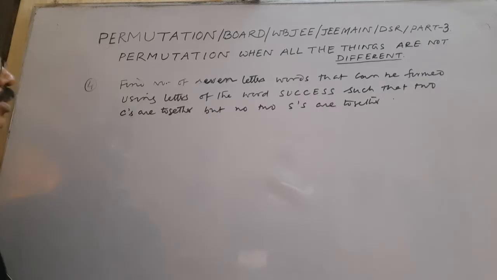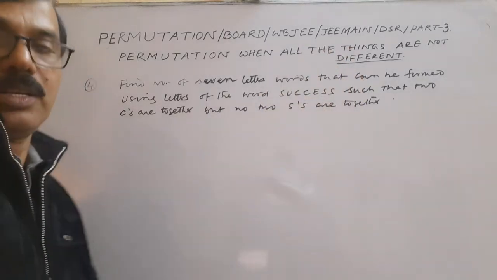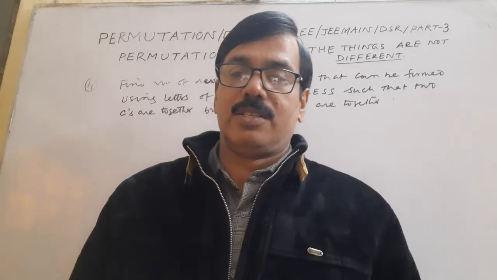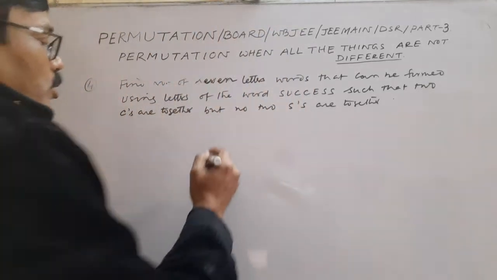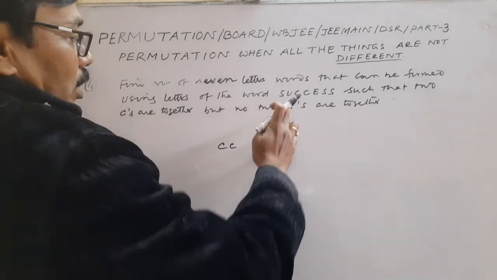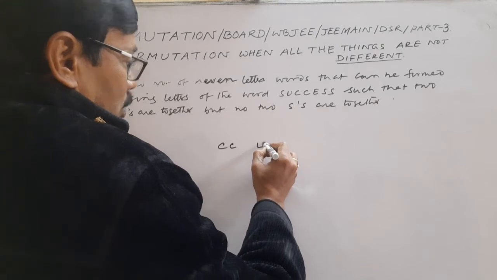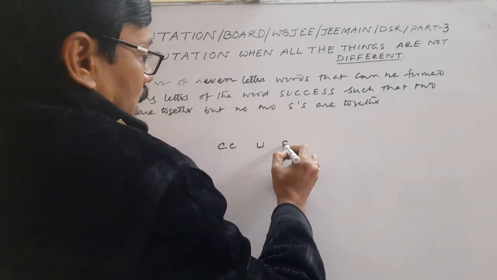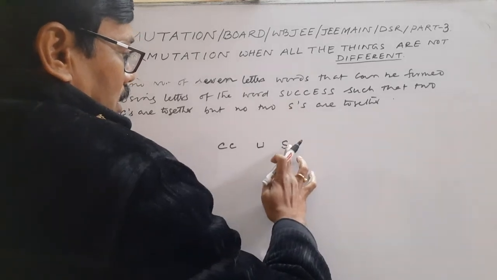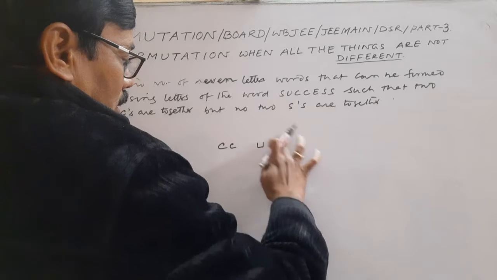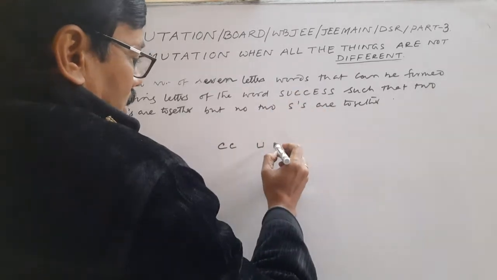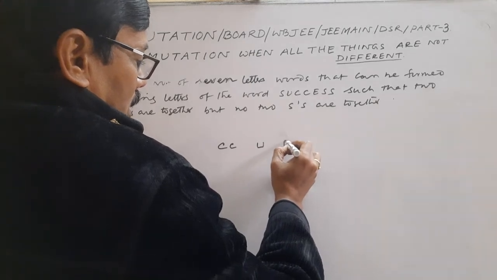So look at the language. Two C's are together. So what is our rule? 2 C's as a single one. Then one is U, this is S, 2C, and other than S, you get E.